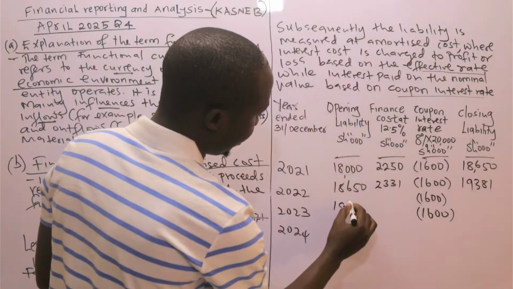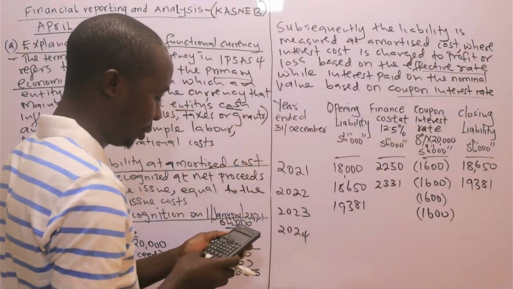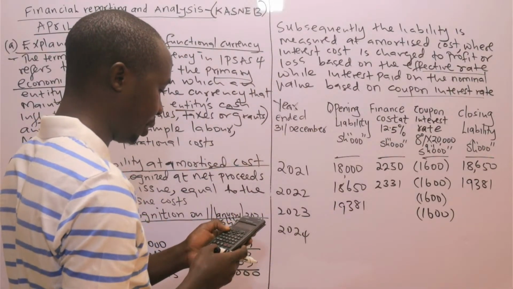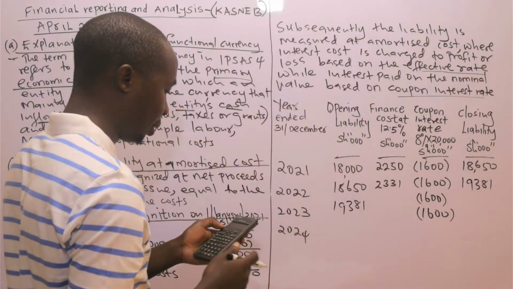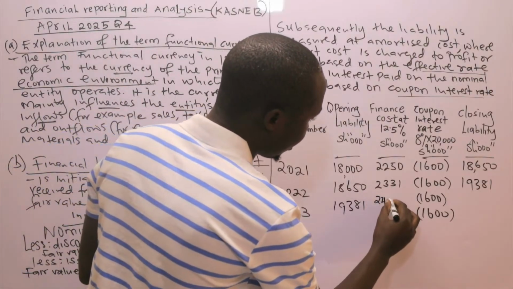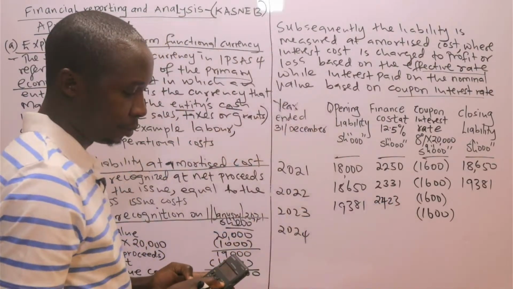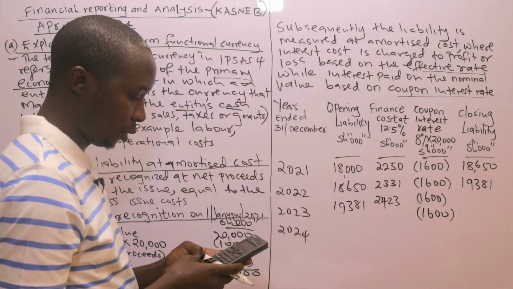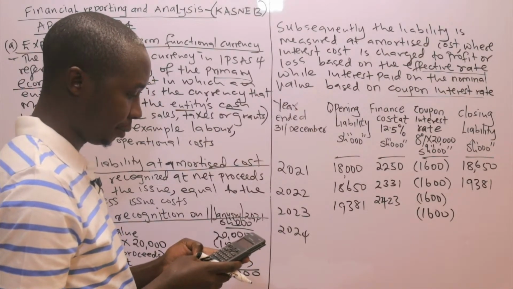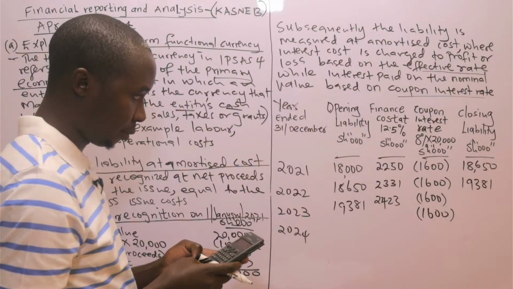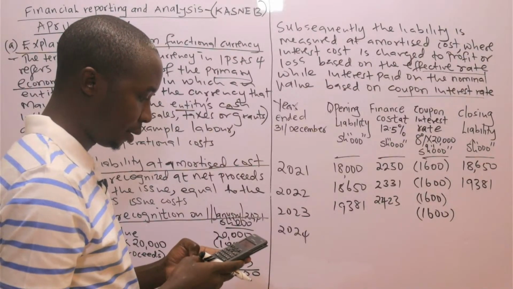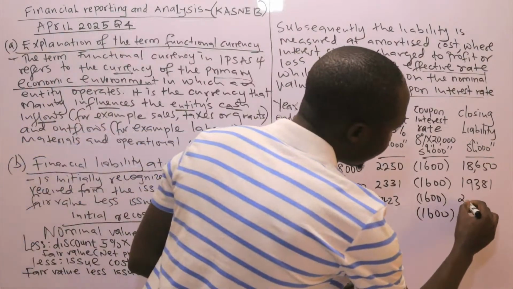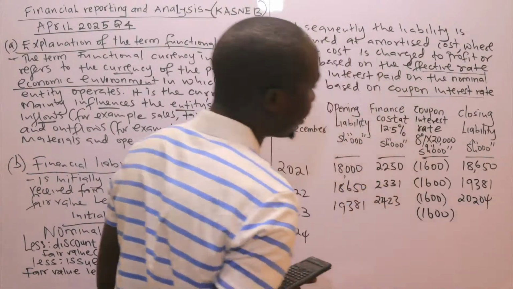Then you have 19,381 times 12.5%, 2,423. So 19,381 plus 2,423 minus 1,600. That is 20,204.